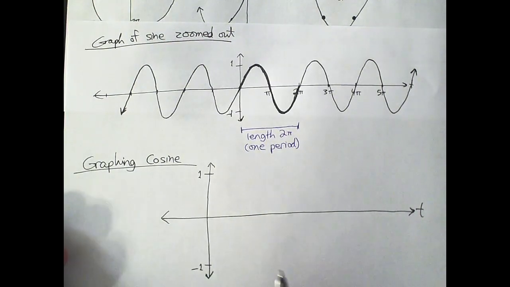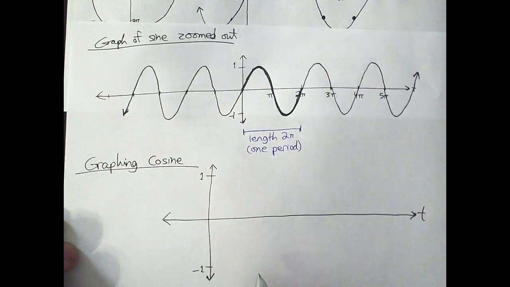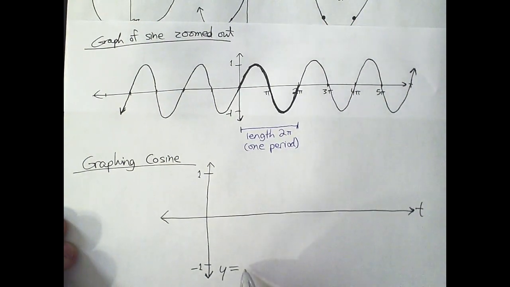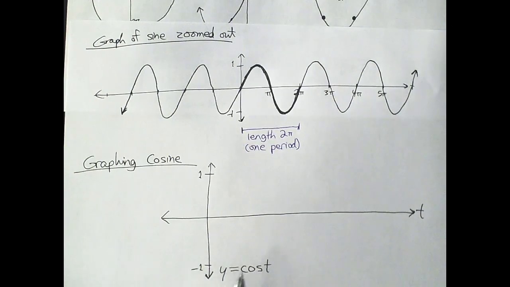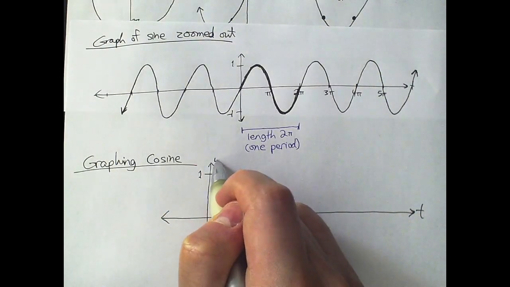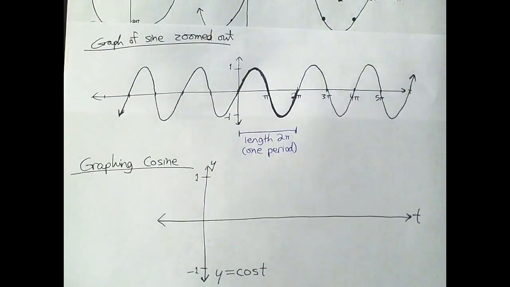All right, we are trying to draw a graph right now of y equals cosine t. And if it bothers you that I'm using y, like you might say, wait a second, I thought sine is the one that equals y and cosine is the one that equals x. Let me explain. I'm using y in a different context here. Usually when we graph, we prefer to call the vertical axis the y-axis.